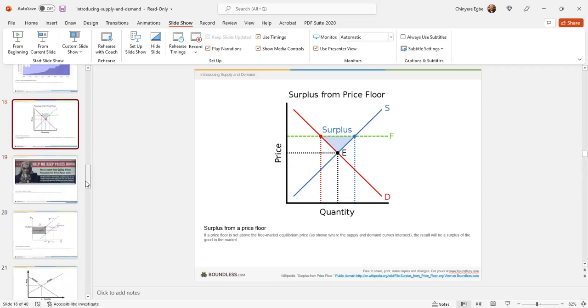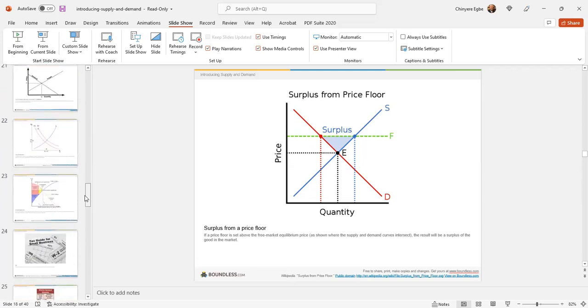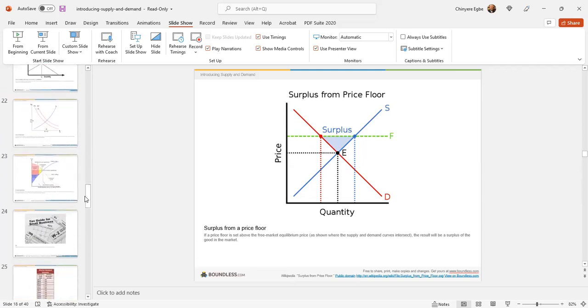Now, what comes out of this? What comes out of this is that sometimes the government intervenes in the market, and many of you are aware of areas where there's government intervention. Two areas I can illustrate government intervention. For example, there's something called minimum wage. Minimum wage is the lowest price that you can pay for labor.